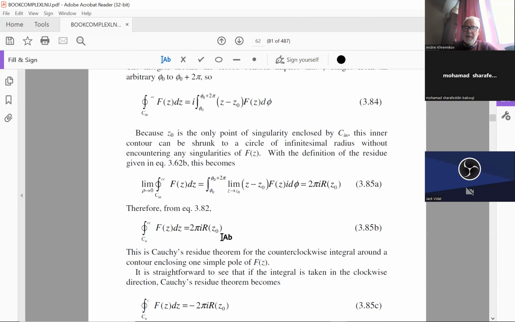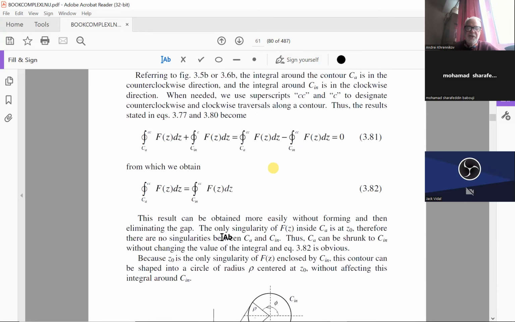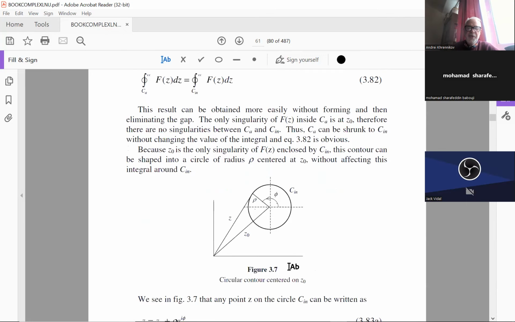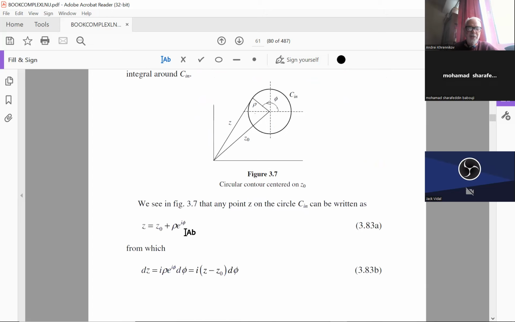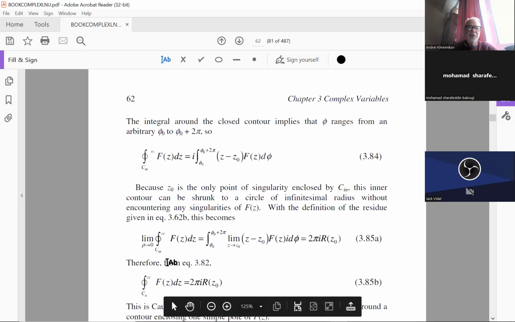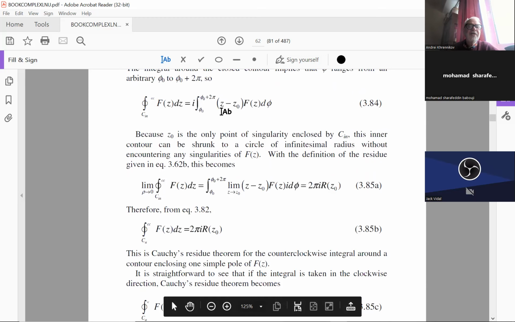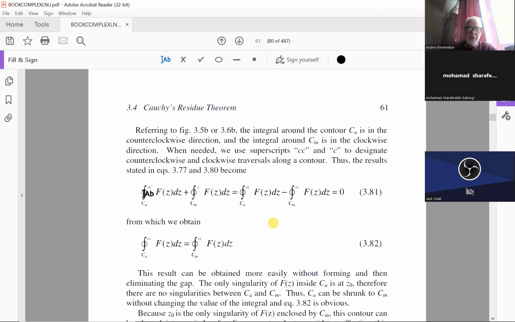So first, maybe you can start even with this, not go as they do, but start with this essential technical part. Take this picture, take this small circle around the pole. Make the loop parameterization, find the differential, put it into the integral, and luckily we have already z minus z0. And in the definition of a pole of the first order, we also have z minus z0. Then the limit, rho goes to 0.